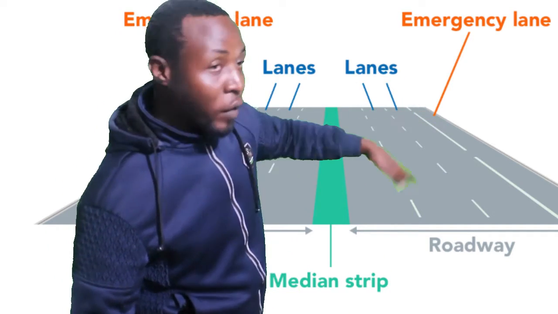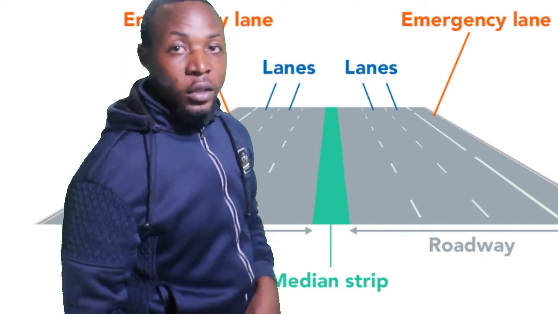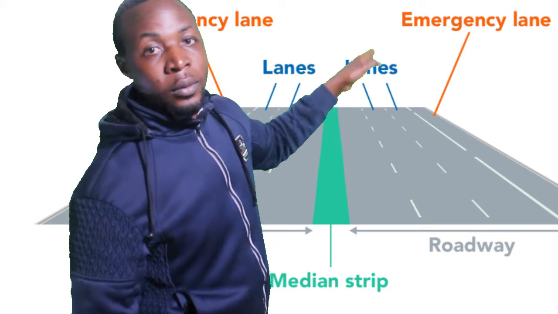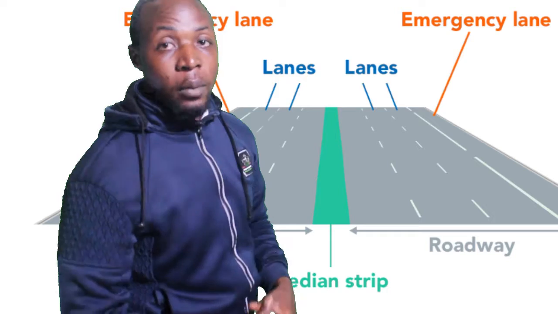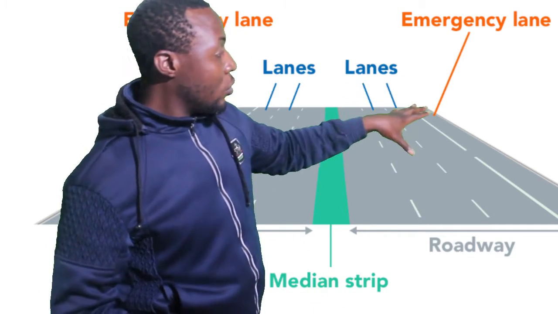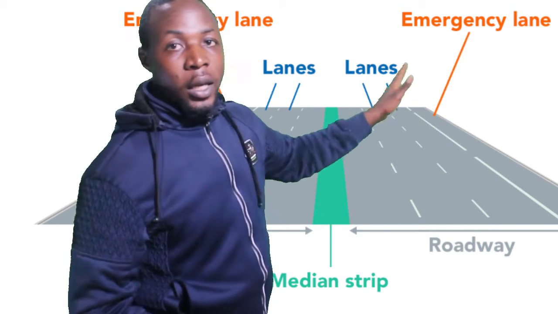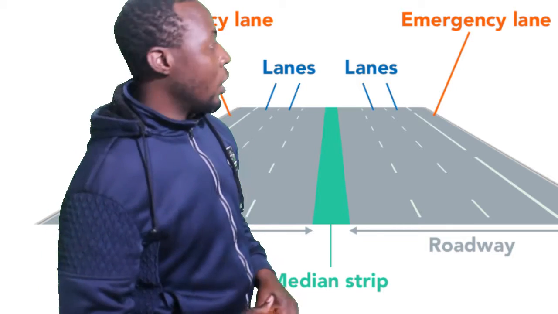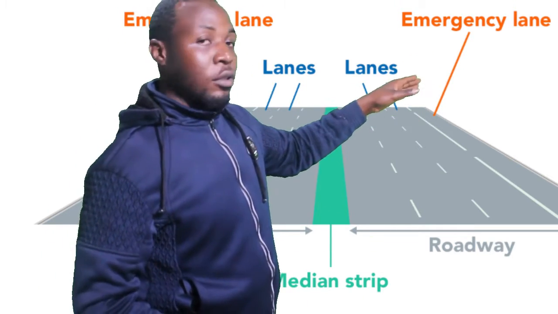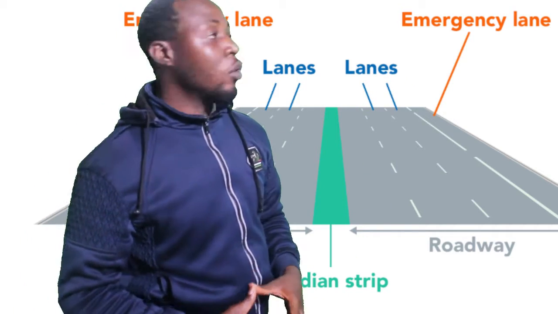Two vehicles can be going, and on the other side, two vehicles can be coming. Then in the middle, the blue or green part, we call it the medial lane. On this two-way road, you can overtake on both sides. That is, the driver can overtake on the left, and he can also overtake another person on the right. So we have to take good note of that.